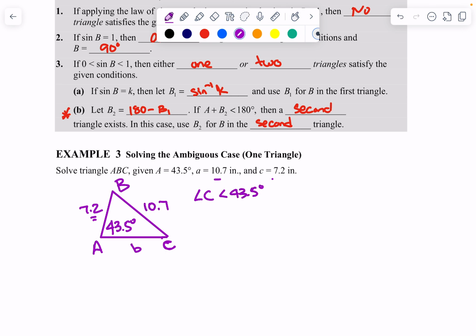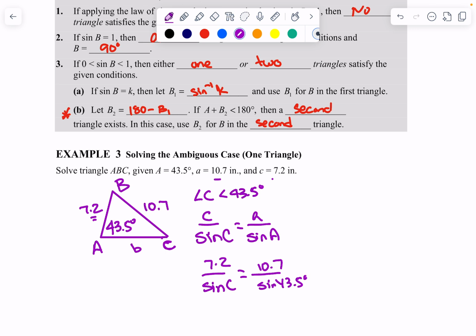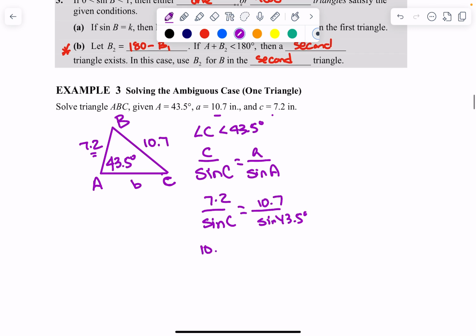So we'll go ahead and do our law of sines, which is c over the sine of C equaling a over the sine of A in this case. So 7.2 over the sine of C equals 10.7 over the sine of 43.5, which means cross multiplying gets us 10.7 times the sine of C equals 7.2 times the sine of 43.5.